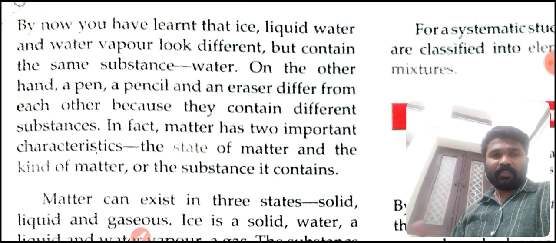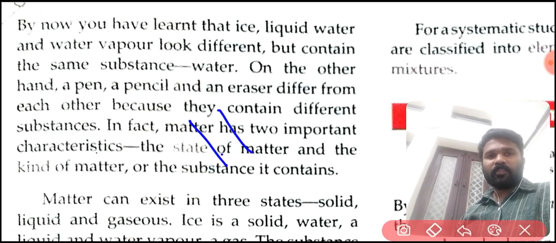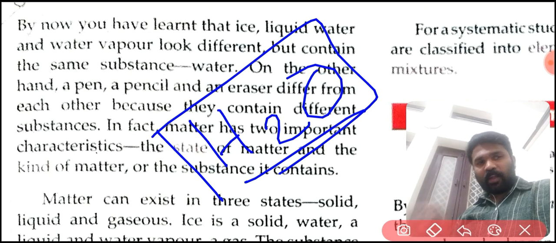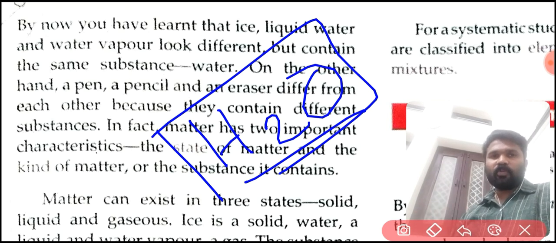Clear? Ice can be in solid, liquid and gaseous form, but its chemical formula is always the same, that is H2O. The chemical formula of ice, water and water vapor, these three have the same chemical formula, H2O.